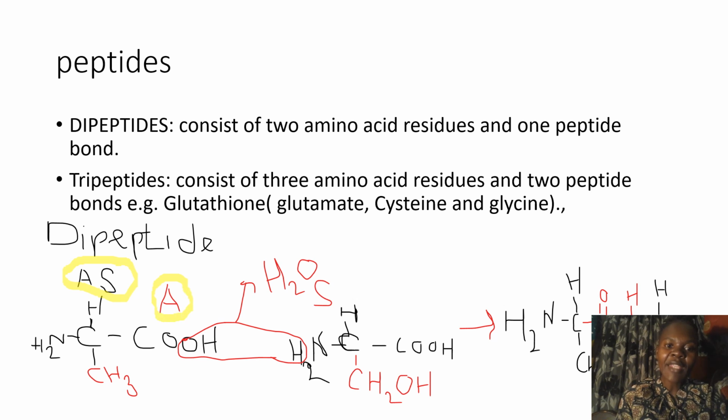I drew alanine here. You can see alanine, carboxyl terminal end, amino terminal end. The R side chain of alanine is CH3. Remember, serine, carboxyl terminal end, amino terminal end. The R side chain is CH2OH.